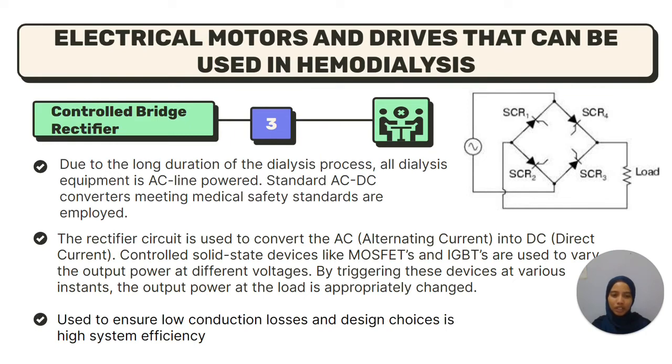By triggering these devices at various instants, the output power at the load is appropriately changed. The control bridge rectifier is used to ensure low conduction losses, and the design choice is high system efficiency.